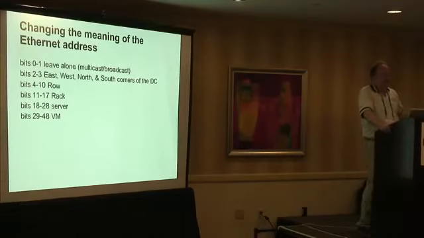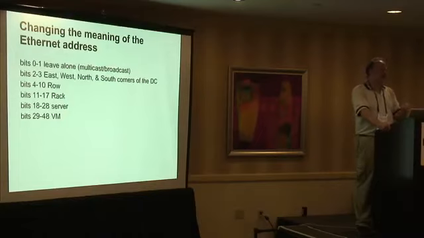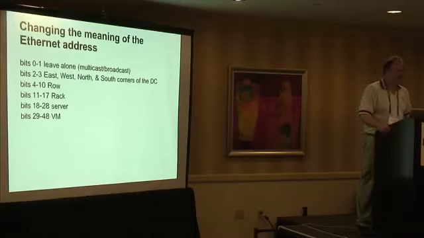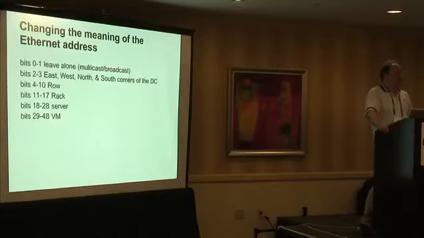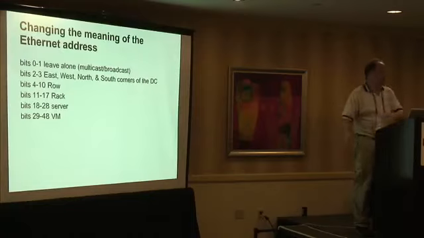Maybe the first 2 bits in that Ethernet address get left alone, but maybe a few bits are used to describe, from a topology perspective, what corner of the data center that destination is in. And maybe a few more bits describe what row. If it's in the northwest corner, what row. And maybe another one says which rack, and another one says which server in the rack, and then you've got some bits that say which VM it really belongs to.